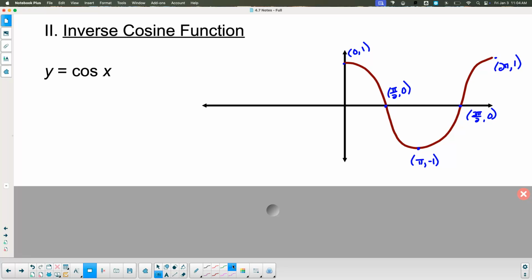Okay. Let's go backwards a lap. Those in green. That one? Negative pi over 2 comma 0. This one?